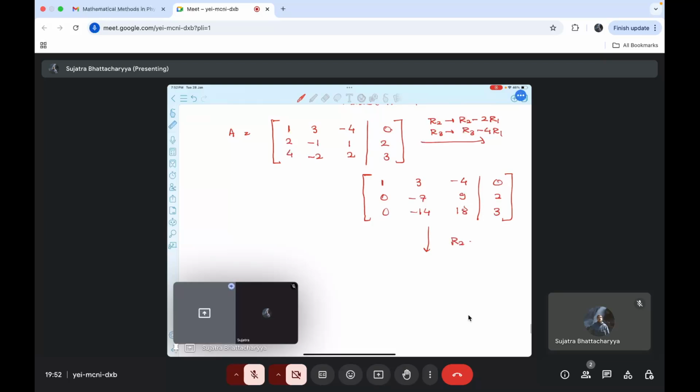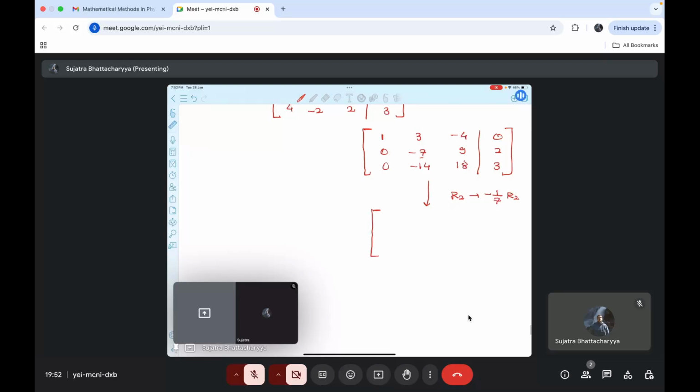R2 has to be minus 1 by 7 R2 because I need this to be 1. So once you do it, it becomes 1, 0, 0, 3, 1, minus 14, minus 4, 9 by 7 with a minus sign, 18, and 0, 2 by 7 with a minus. Alright, this is the next step.